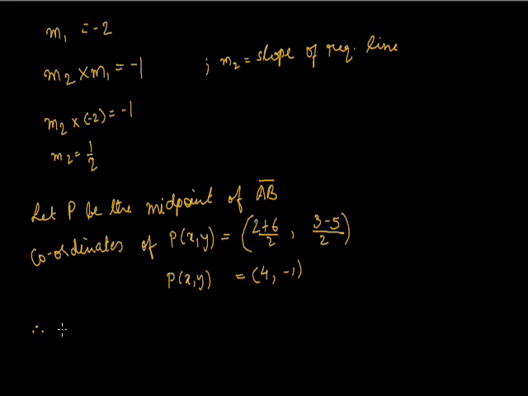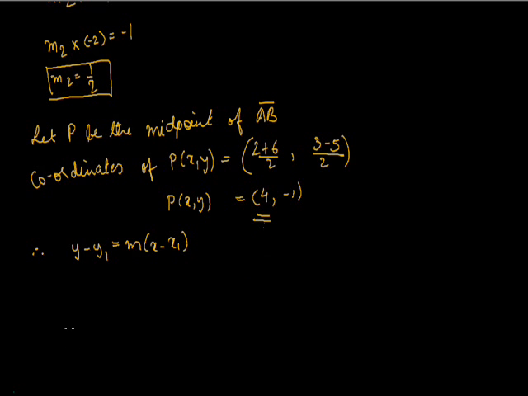Therefore, the equation of the required line which passes through this coordinate and has slope m2 equal to 1 by 2 would be y minus y1 is equal to m of x minus x1. Over here y1 is minus 1 and m2 is 1 by 2, and x1's value is 4.